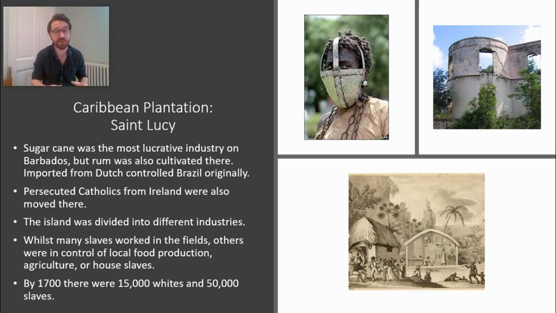So the original population of Barbados was probably made up of West Africans transported by Portuguese and the French. But also what they were harvesting there wasn't a native plant either. The sugarcane that was produced there was actually imported from Brazil by the Dutch.